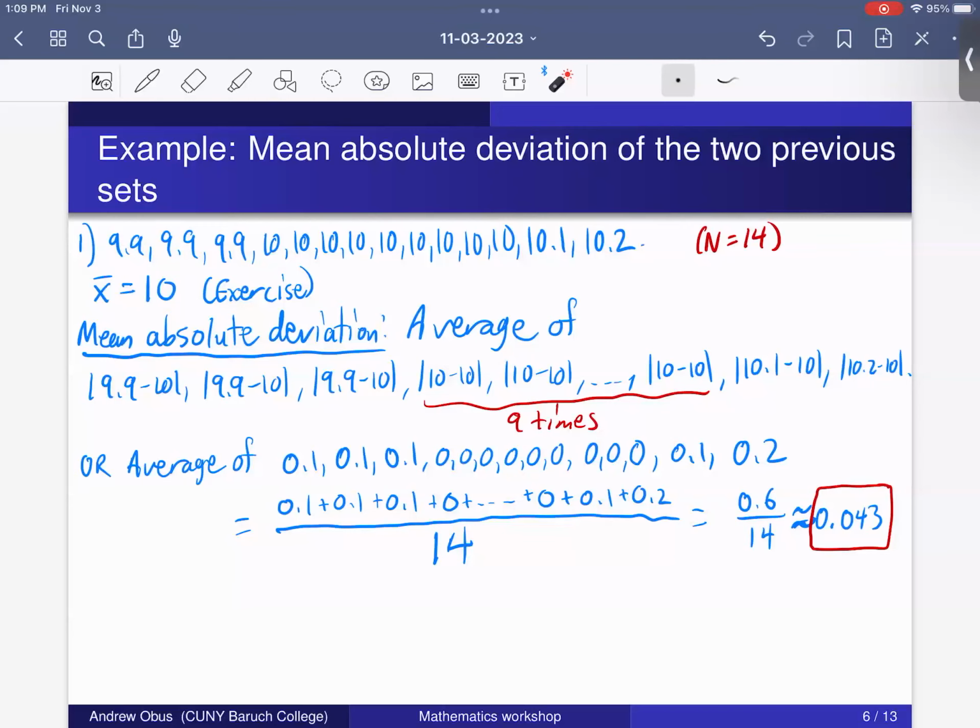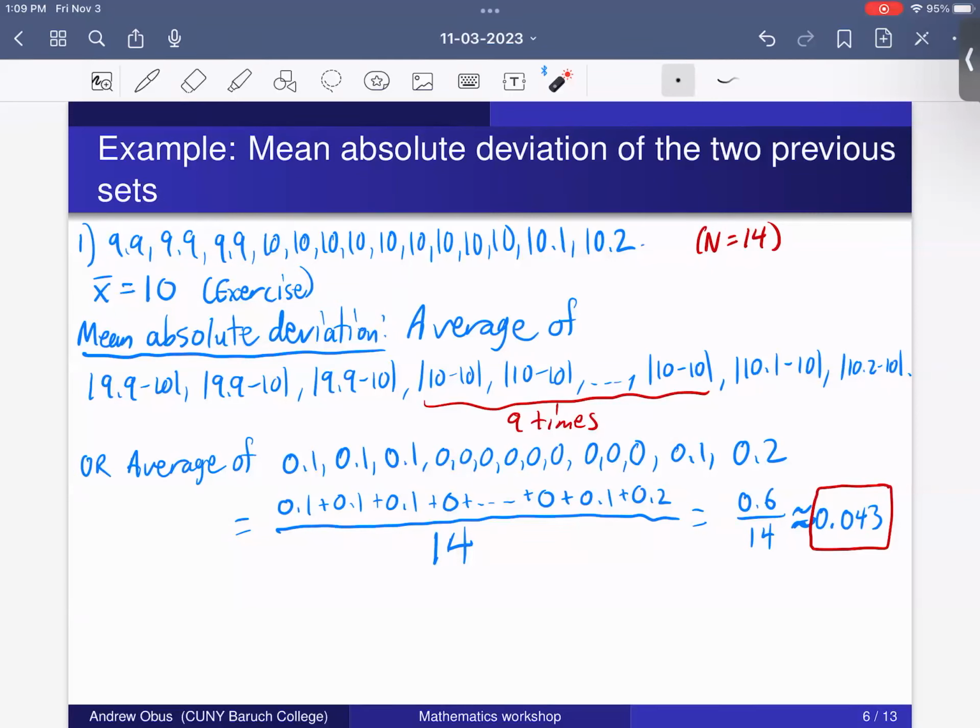Kaifala? When you deduct the mean from each of the entries, the results, like this 0.1, 0.1, are the absolute deviations, and then you divide by the number of entries to get the average.